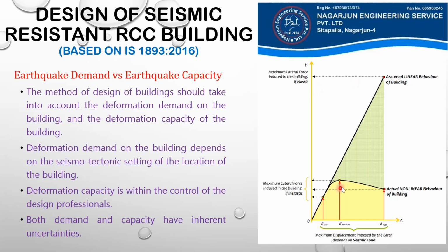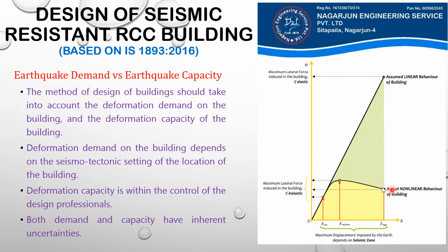But if we have designed for ductility of the building, if we assume non-linear behavior, that means after the yield point, the structure gives in, that means it yields to the forces and behaves non-linearly, in which there is dissipation of energy and damage in the structure, then this curve will give us the maximum lateral force induced in the building.